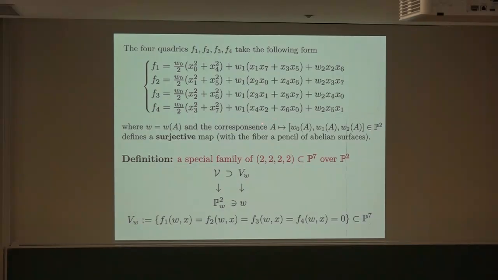This embedding problem, the moduli space of abelian surfaces to P2, and this picture are completely mixed up. Maybe we can recognize how they are related. Roughly speaking, this Calabi-Yau 3-fold is the tensor of abelian surfaces.